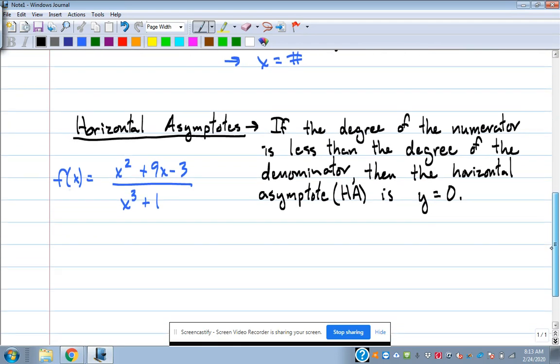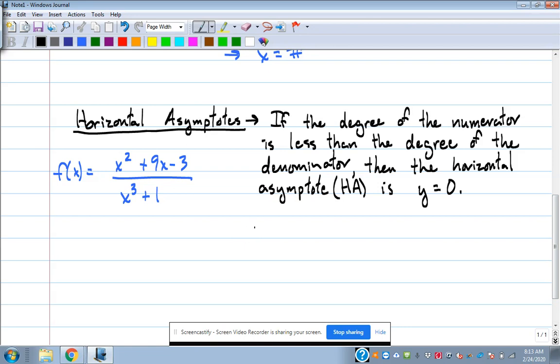Okay. All right. Good news is there's only one other way that a horizontal asymptote exists, and it deals with the degrees as well.